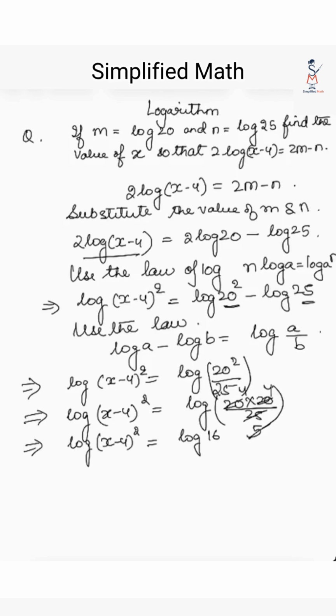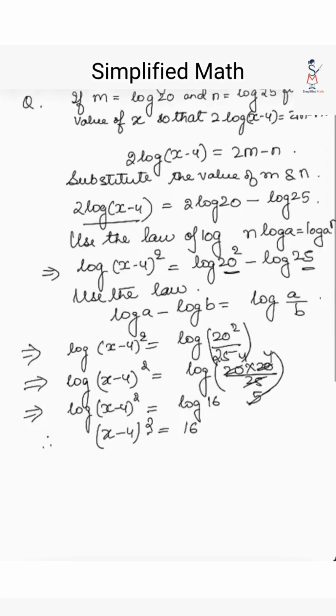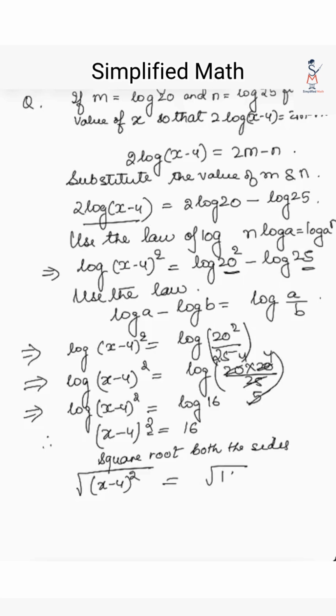Now both sides there is log, therefore (x minus 4) whole square is 16. What we will do now is square root both the sides, to remove this 2. So the square root of (x minus 4) square and the square root of 16.